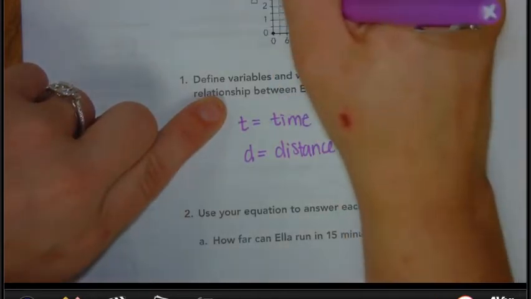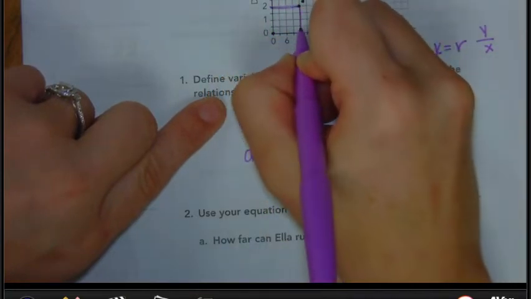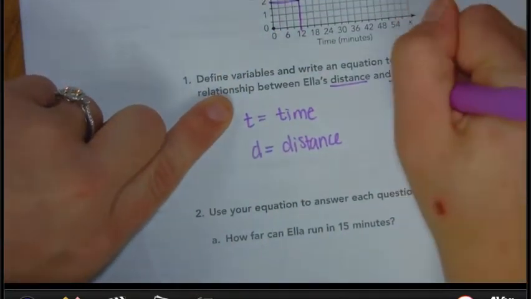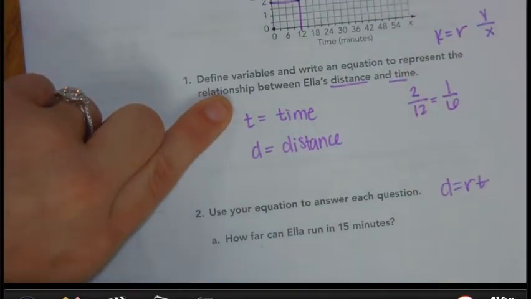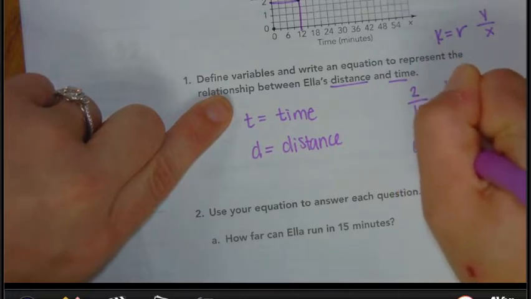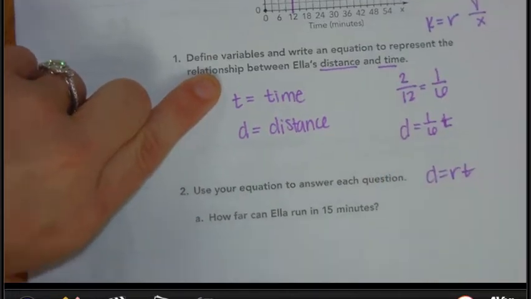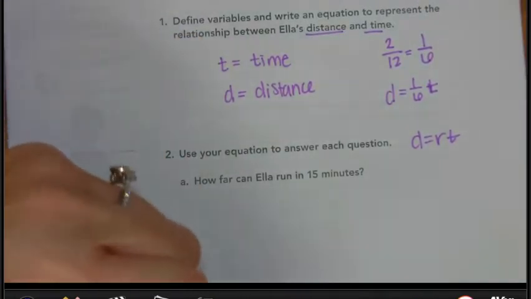Well, let's use this point right here. So I have 2 over 12, and 2 over 12 reduced is 1 over 6. So that's my r. So I'm going to plug in 1 over 6 for my r. So I'm going to have d equals 1 over 6 t.